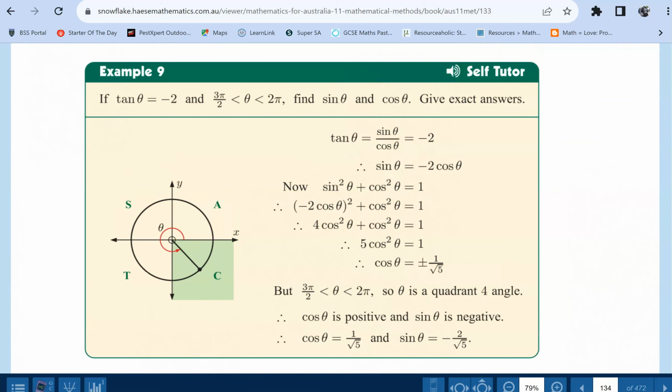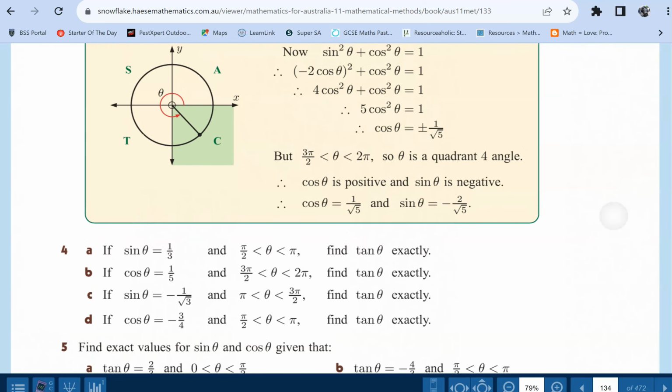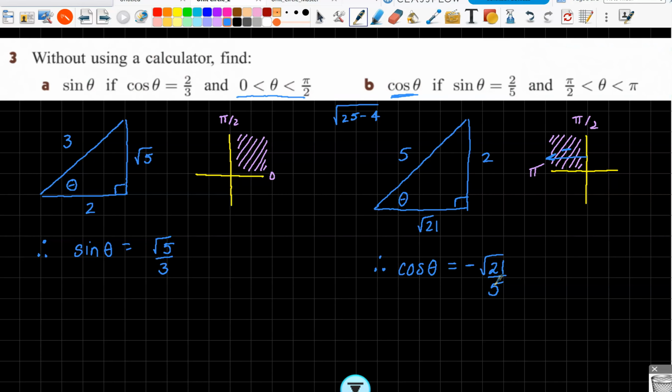When they're looking at this example here, again, use your triangle again, because you're going to do exactly the same thing to find tan. Again, if I asked you to find tan for this one, it hasn't asked you to, but let's say it did. Tan is opposite over adjacent, so 2 over root 21.